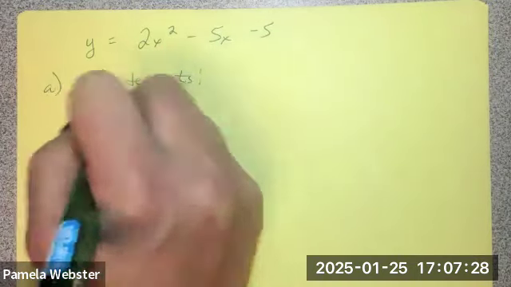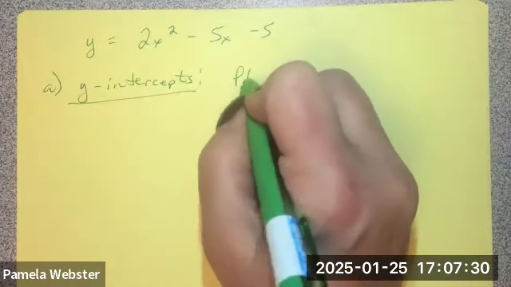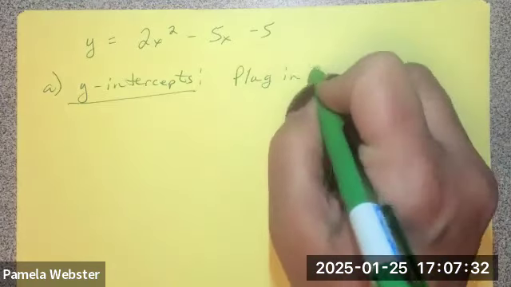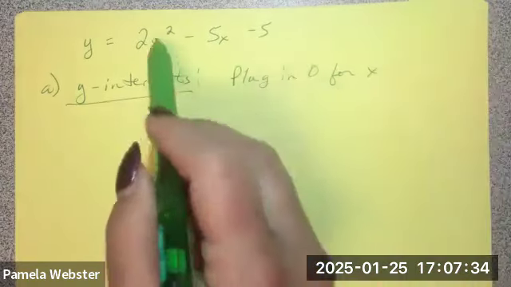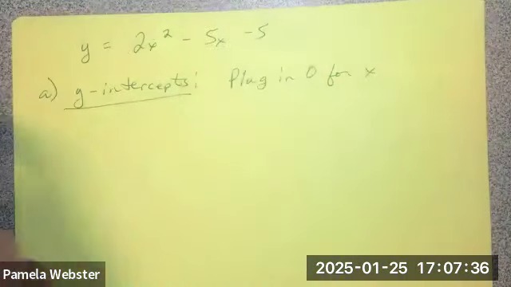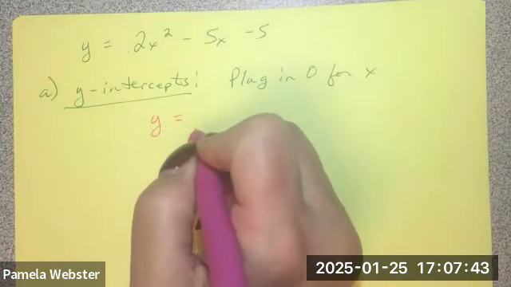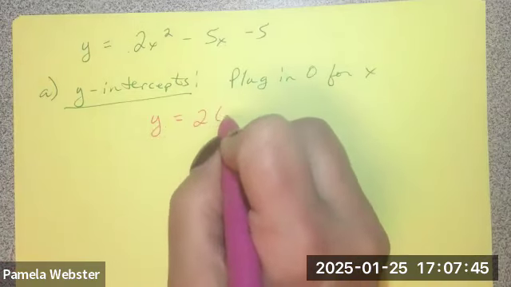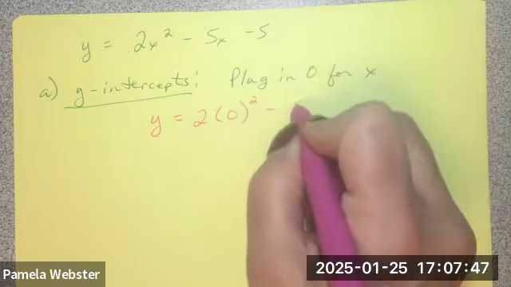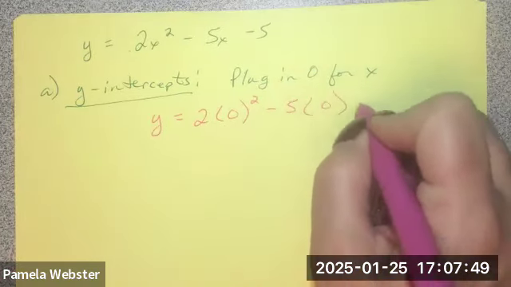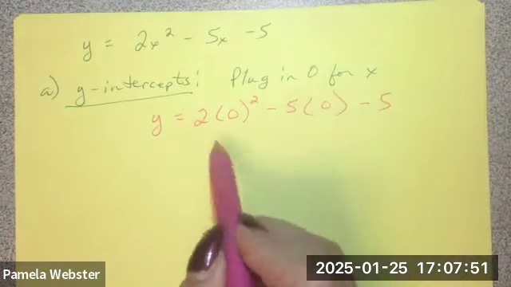Normally people like the y-intercepts better because it's plug in 0 for x. And when I plug in 0 for x, things go away. So this is actually the easier of the two processes. I don't have to factor. I don't have to use the quadratic formula. I'm just going to plug in 0 for x to get my y-intercept.